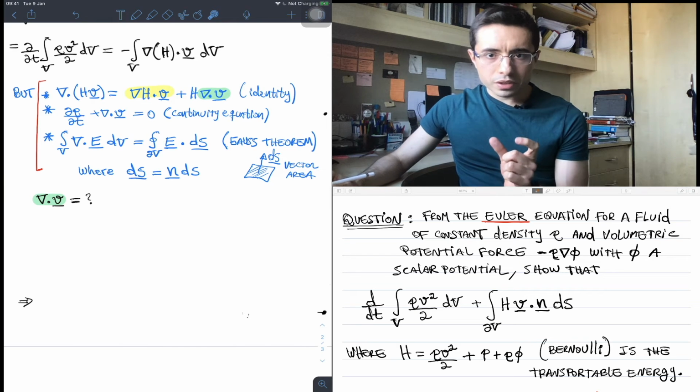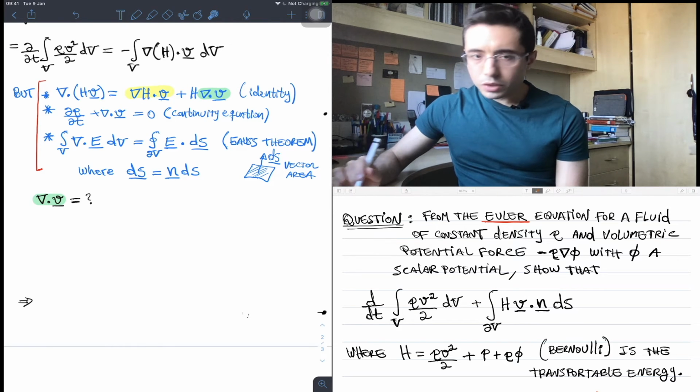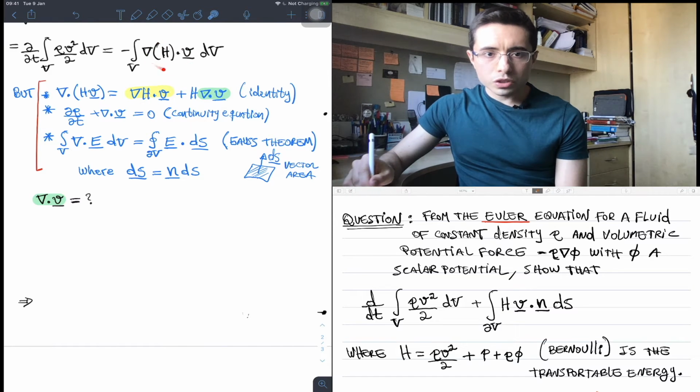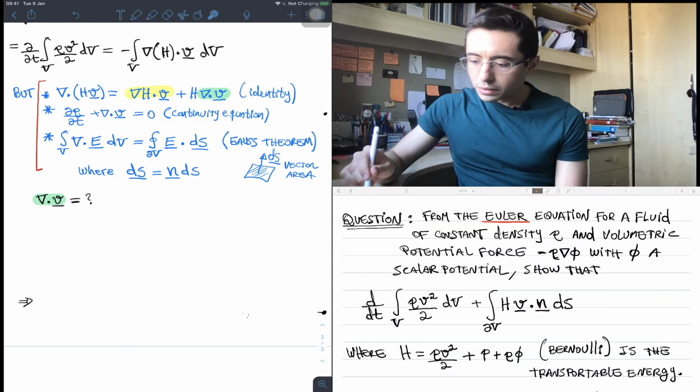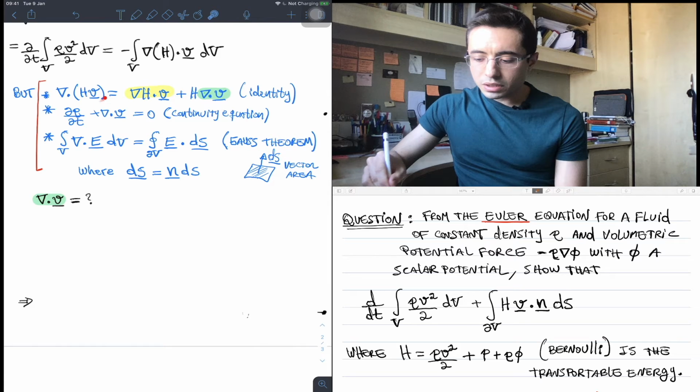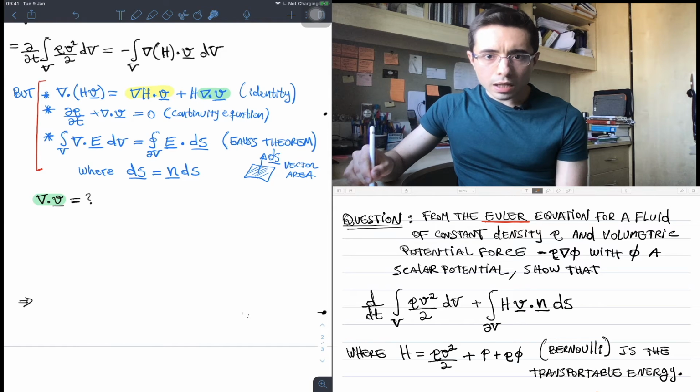So we don't have the divergence, but if you see that actually what we have here, we have the divergence of something times v. So the gradient, yes, the gradient of h times v. That's it. So that can be rewritten if we remember, if we have the total divergence of a function multiplied by a vector, that is equal to, it's like the Leibniz rule for the multivariable calculus.